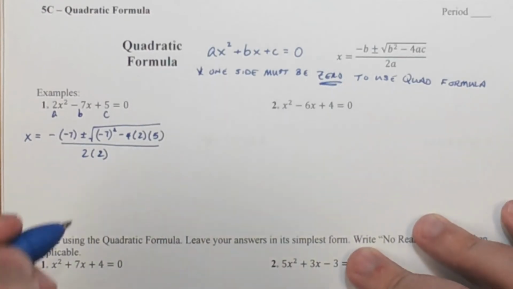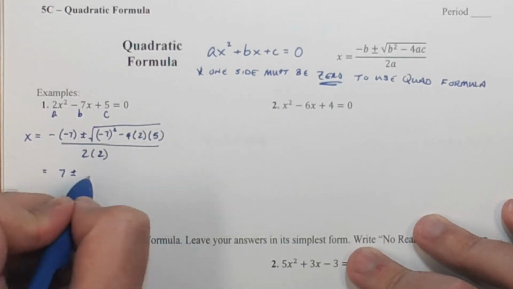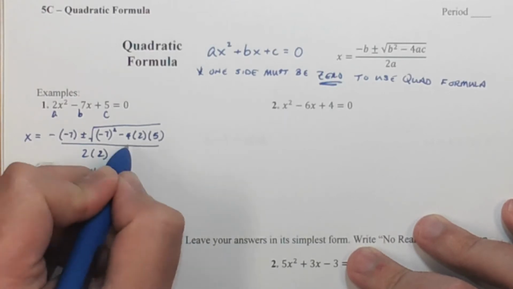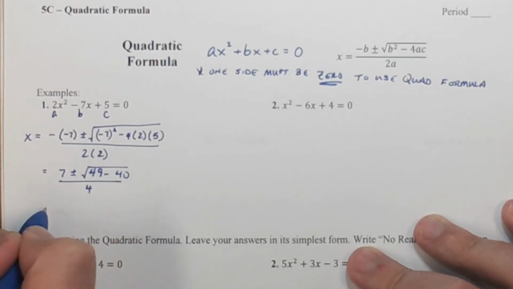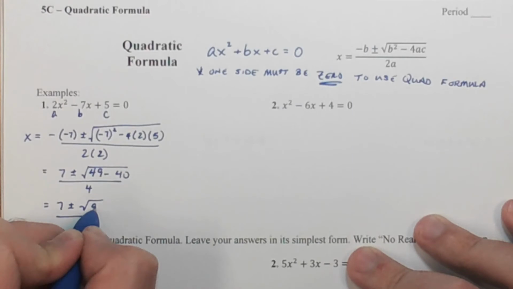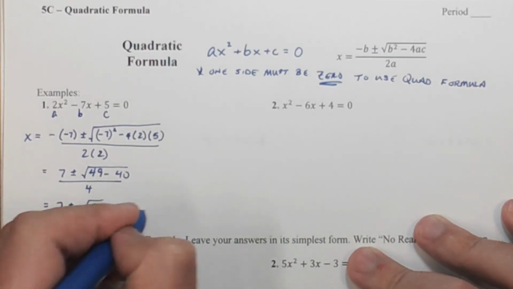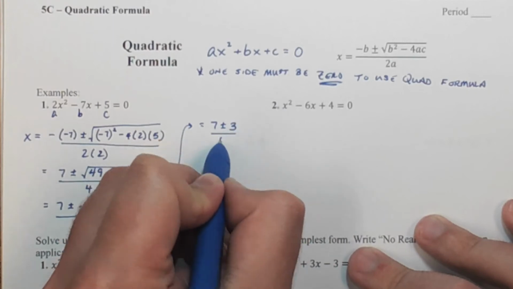Okay, so as we go through and simplify, that would turn to a positive 7, 49 minus 40 over 4. So 7 plus or minus square root of 9 over 4. So 7 plus or minus 3 over 4.